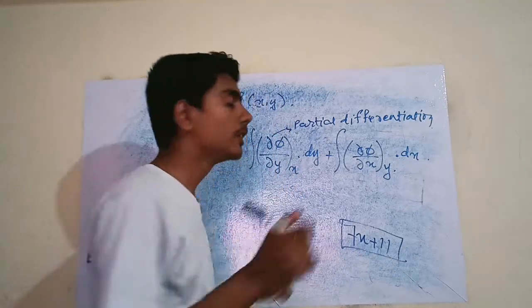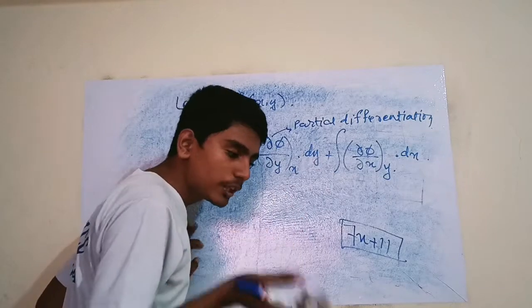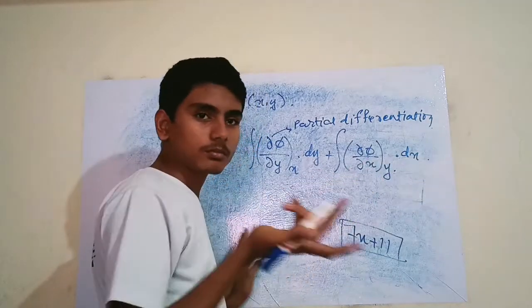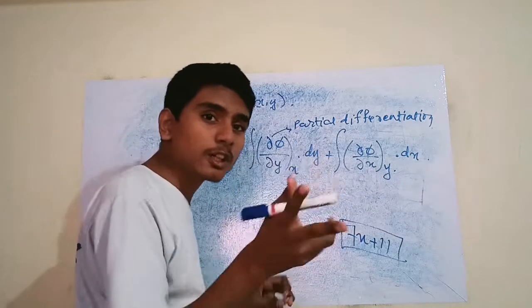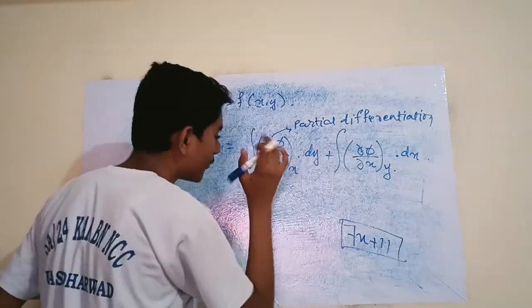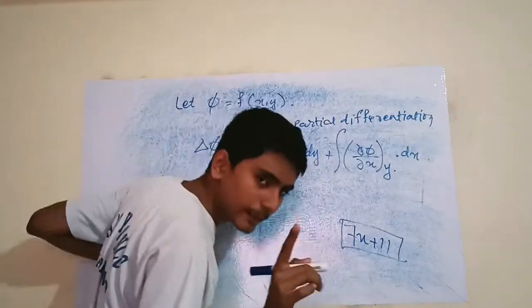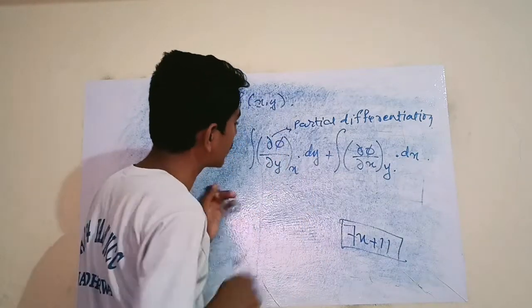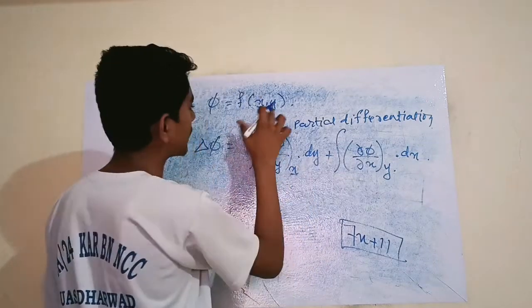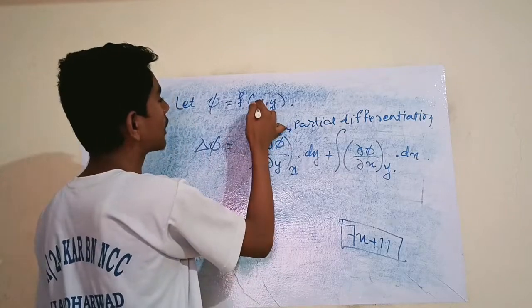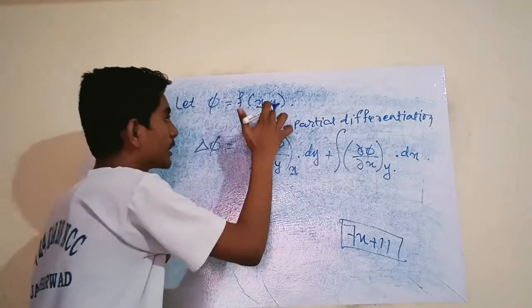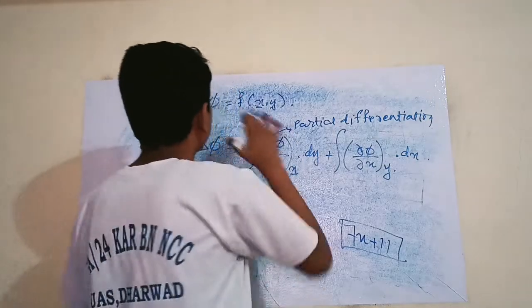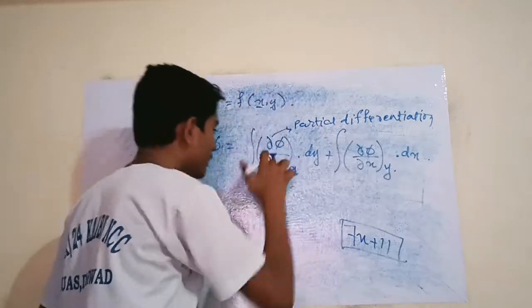What is the meaning of that? Now, you have to differentiate a property which is a function of two variables. Then you have to keep one variable constant. Here I have kept x as constant, as it depends on x and y, and I look at the variation of phi with respect to the variation of y.